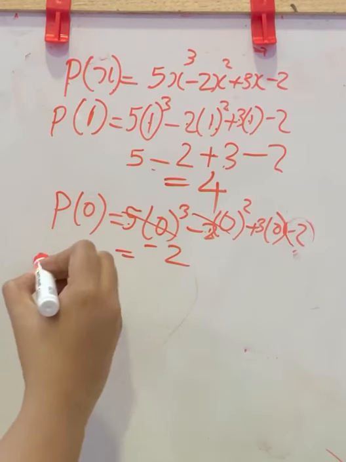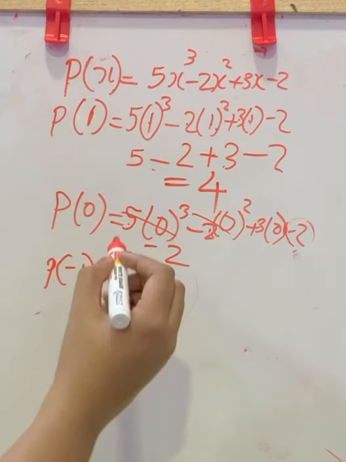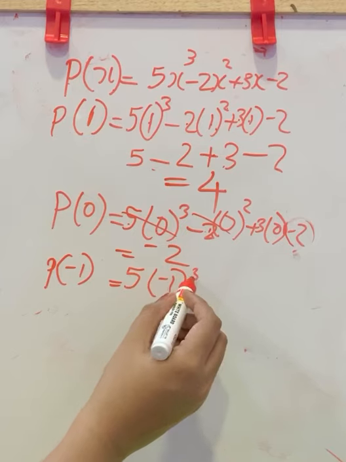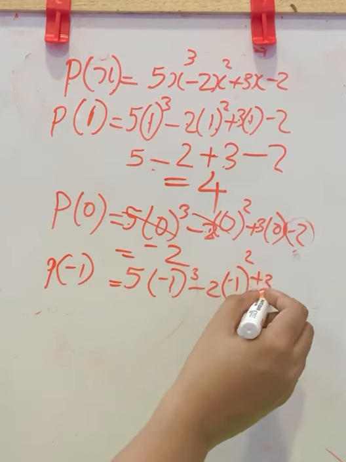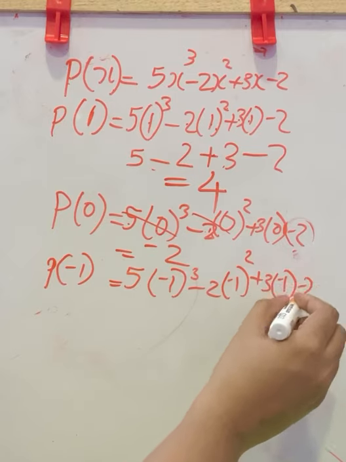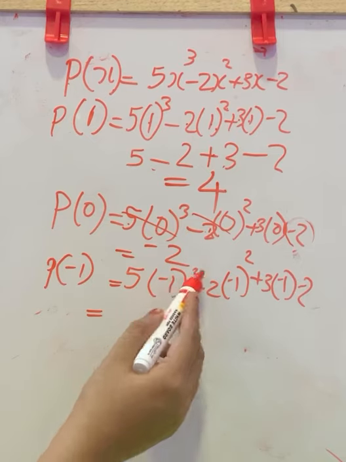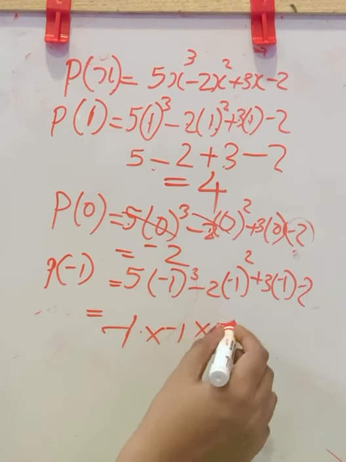Now let us find the value of the polynomial at negative 1. So it becomes 5 into negative 1 whole cube minus 2 into negative 1 square plus 3 into negative 1 minus 2. Negative 1 cube is negative 1 into negative 1 into negative 1.